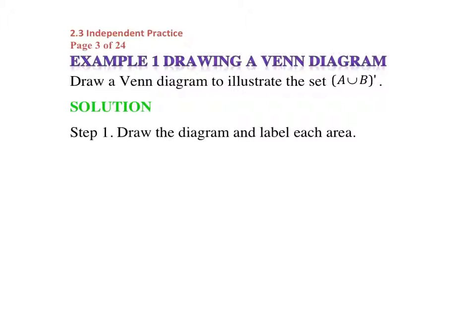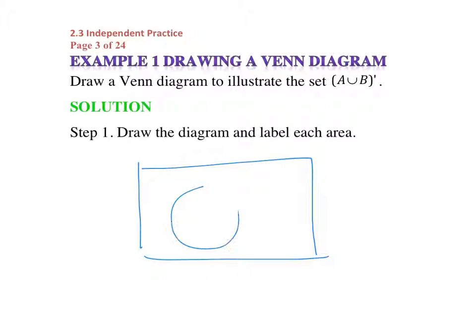So first of all, let's draw that Venn diagram. That's our first step. We have 2 circles, 2 sets that overlap each other, and then we have a universal set. So that's the Venn diagram.